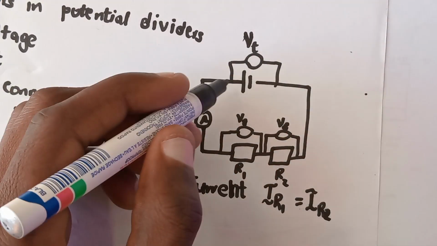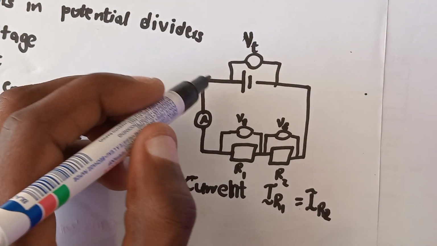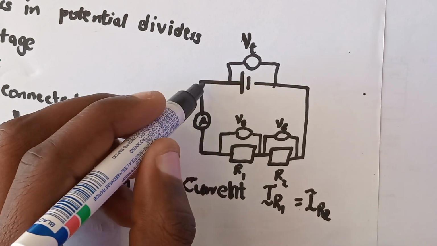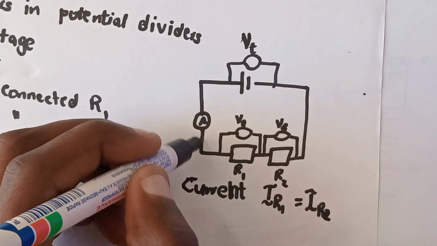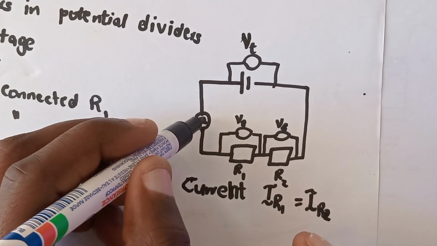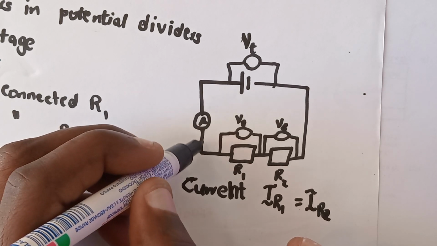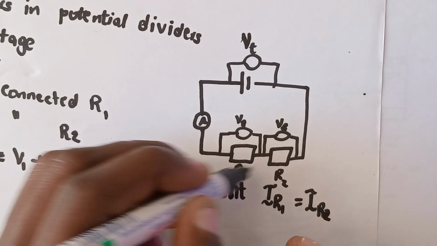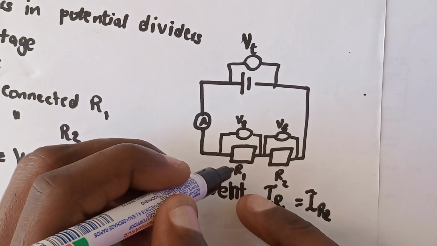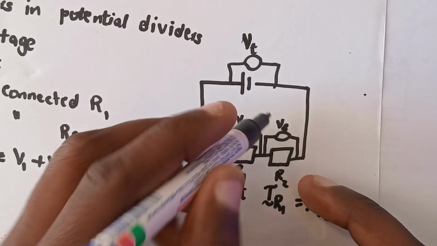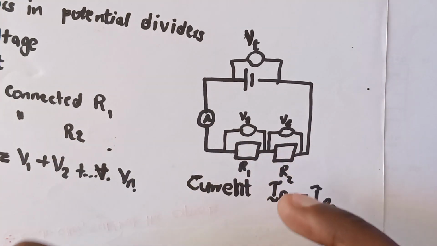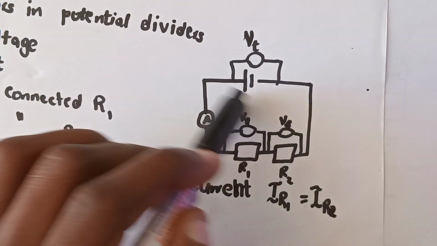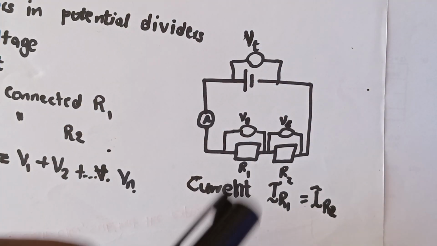The current flows from the positive terminal of the battery and passes through this ammeter, and the ammeter reads the current. The current that passed through the ammeter will definitely pass through R1 and R2, and then go back to the cell of the circuit.